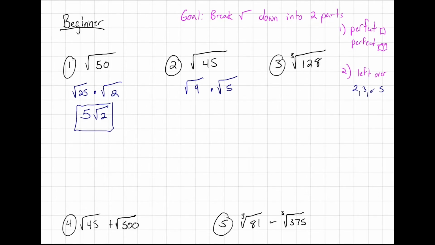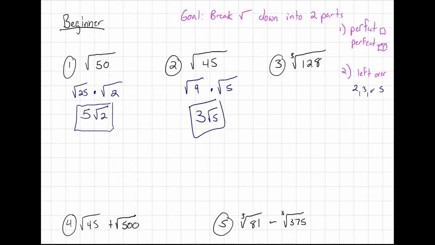From here, we can take the square root of 9, which is 3, and that square root of 5 gets rewritten. So again, just quickly, you got a perfect square, and then you got a leftover piece, which is easy, or not easy, it's still one of the 2, 3, or 5s.